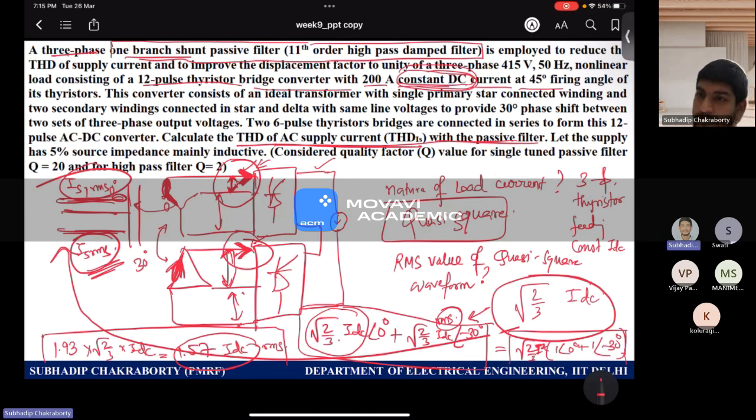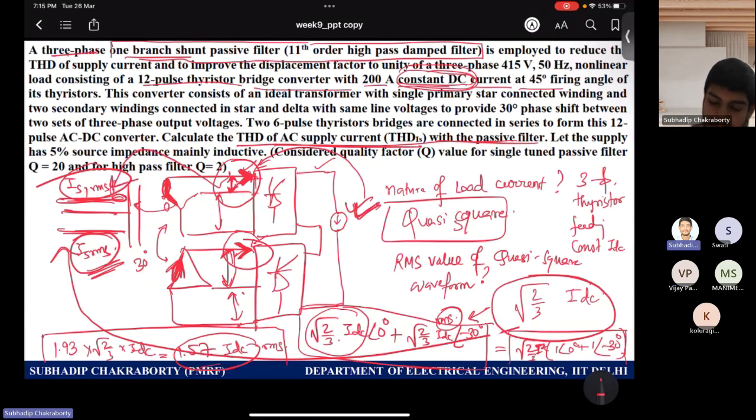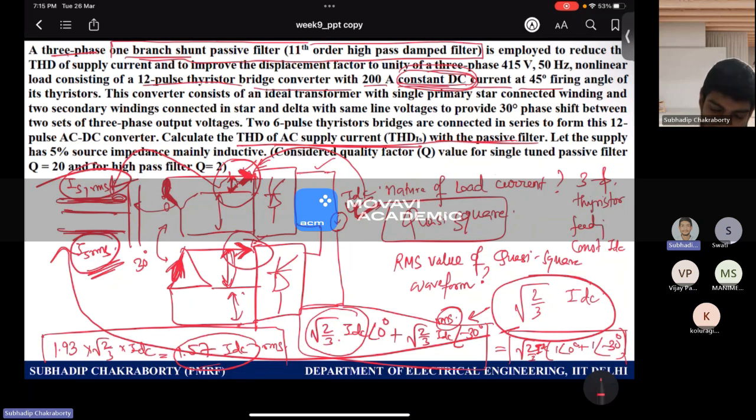So 1.57, remember, is the RMS value of the supply current in terms of IDC. I translated this to this and this to the supply. If you have a 12 pulse configuration with star delta transformers, then on this side you will have 1.57 times IDC.